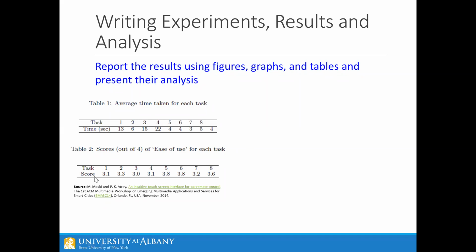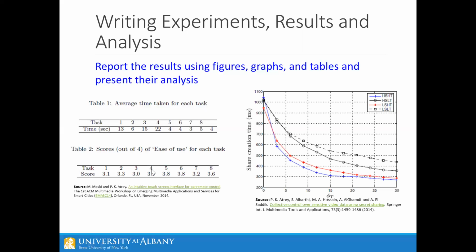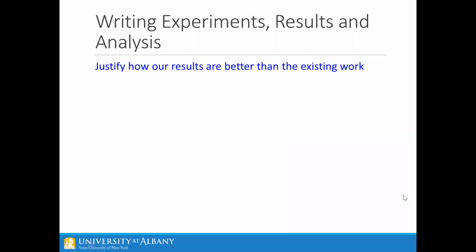Then you can provide that in a table form. You could also provide certain graphs if you are analyzing certain parameters: if you increase this parameter, how the other parameter varies corresponding to it. So you could also present graphs like this.